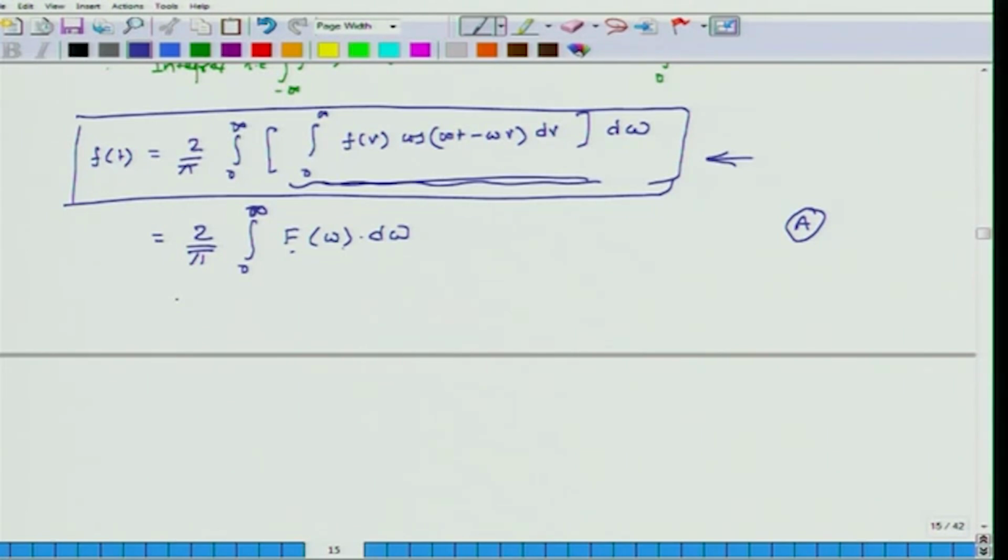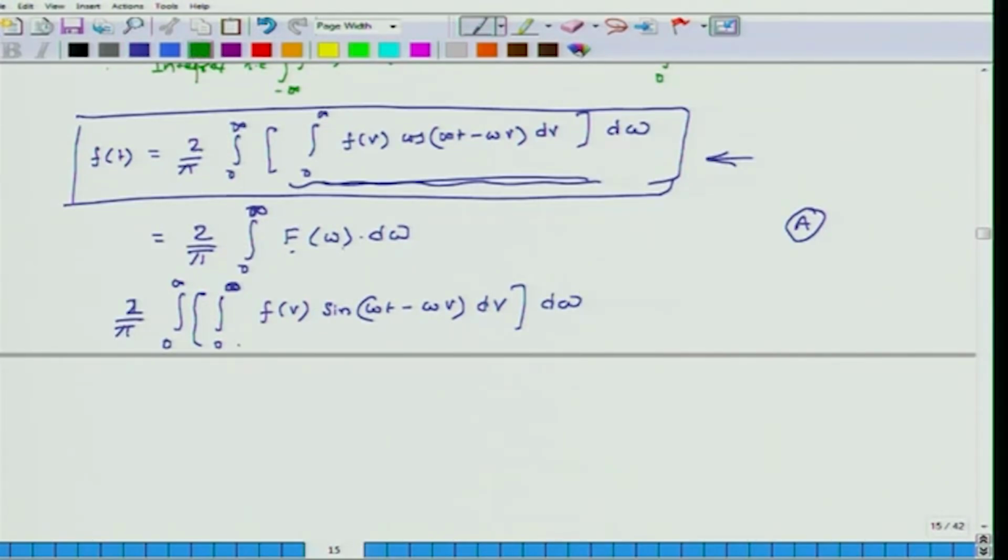So I will write the expression and then I will define G of omega. This expression is 2 over pi, integral 0 to infinity, integral 0 to infinity, and here I have f of v, and instead of cosine I have a sine term, sine of omega t minus omega v, dv d omega.